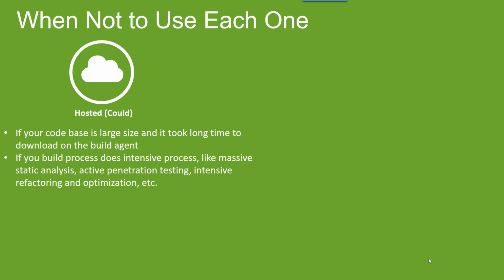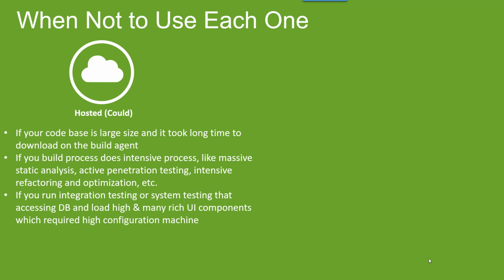Also, if your build process does intensive work, like running massive static analysis, active penetration testing, intensive refactoring, or optimization of the code, that takes a long time to build. The same applies if you run integration or system testing which accesses the database, or UI testing, which runs rich UI components and requires a high configuration machine.